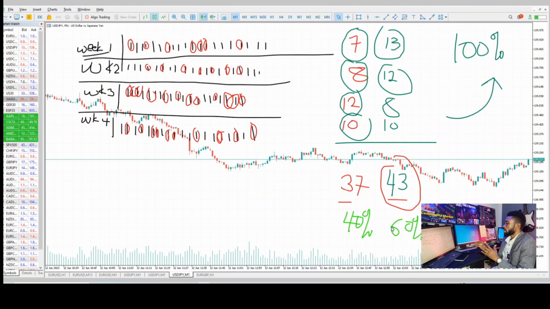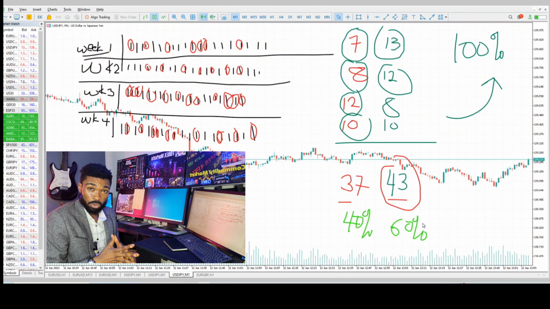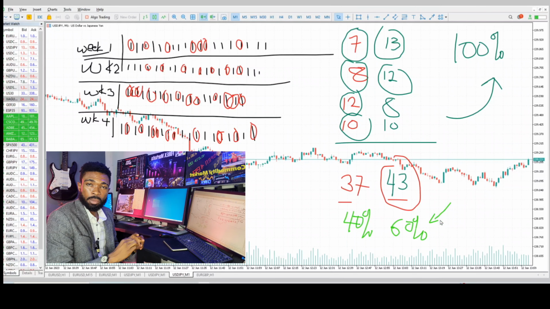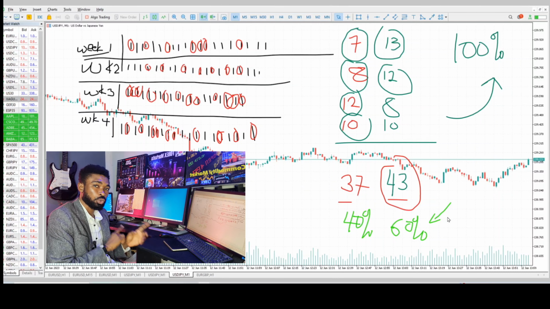So the question is, can this win rate make you profitable or not? It depends on your risk reward. Somebody having a 60% win rate can become profitable, and at the same time can have losses, depending on your risk reward. What is risk reward ratio? Risk reward ratio is about how much you lose as to how much you gain, not how many trades you take.